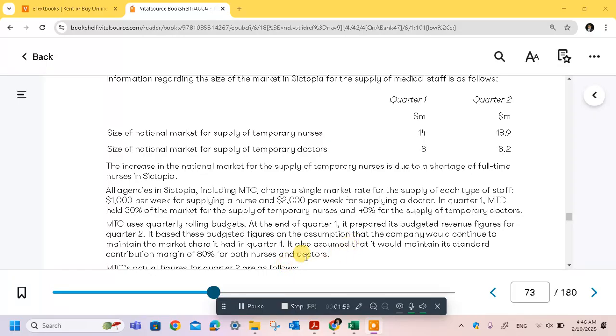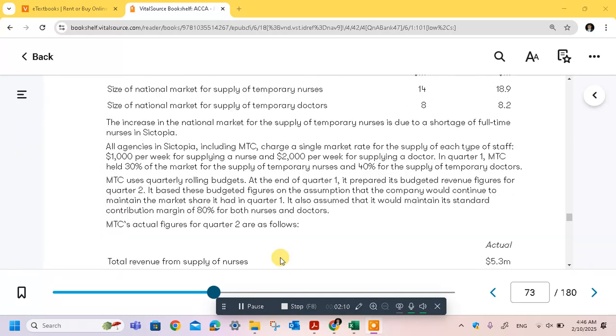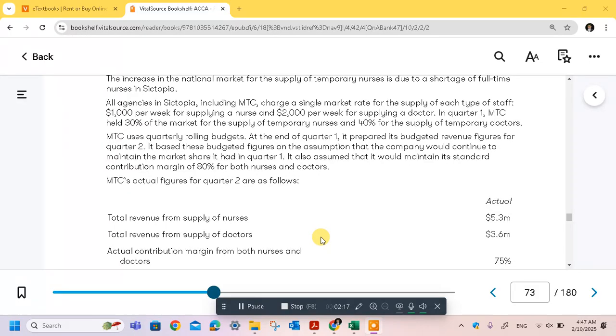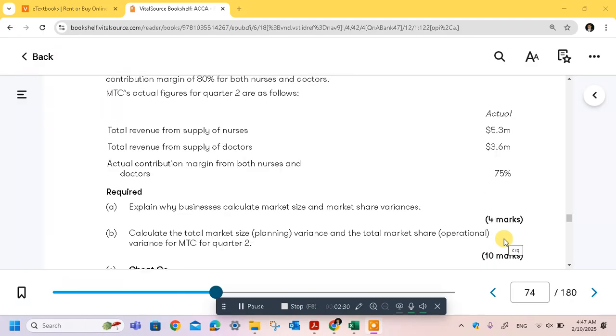It based these budgeted figures on the assumption that the company would continue to maintain the market share it had in quarter 1. It also assumed that it would maintain its standard contribution margin of 80% for both nurses and doctors. MTC's actual figures for quarter 2 are as follows: total revenue from supply of nurses, total revenue from supply of doctors, actual contribution margin from both nurses and doctors, 75%.